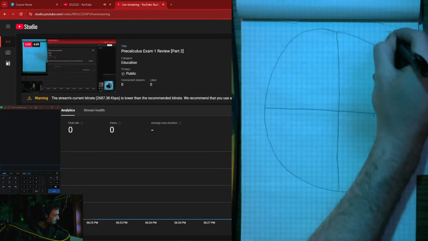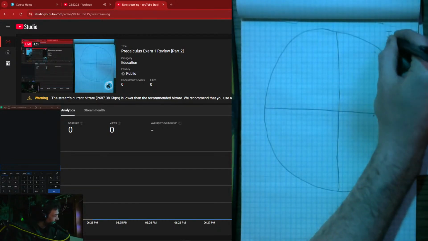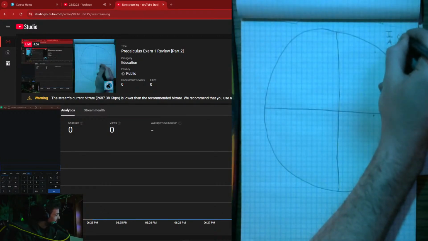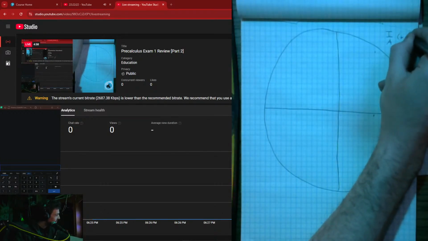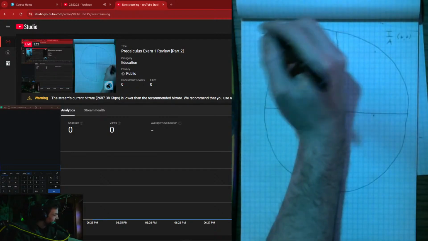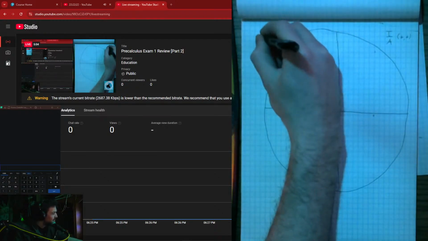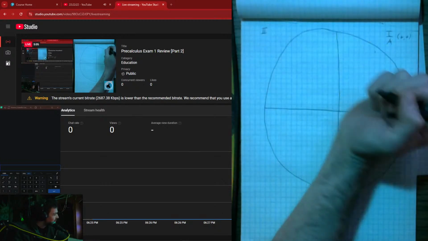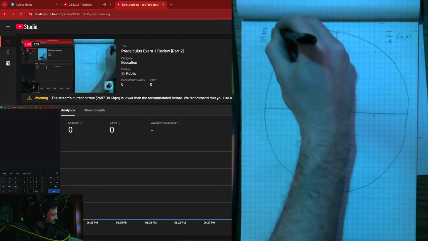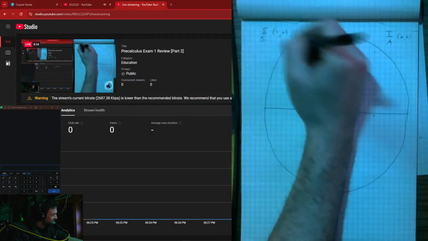So it's quadrant 1, where everything is positive. Quadrant 2, where the sine function is positive, negative x, positive y.